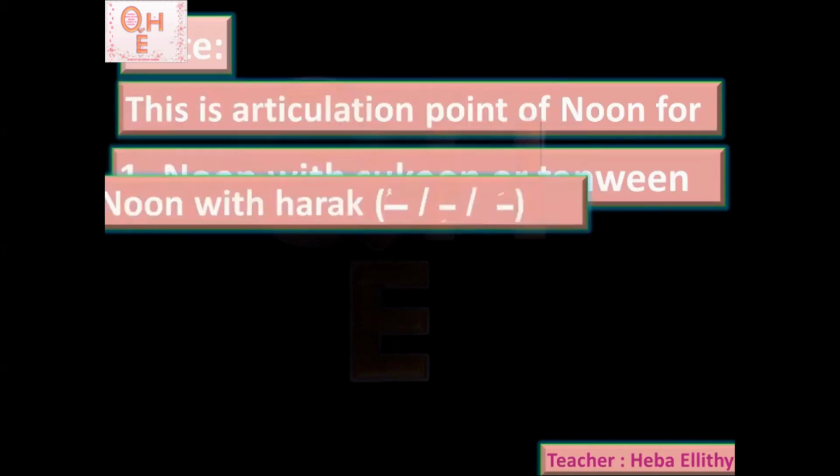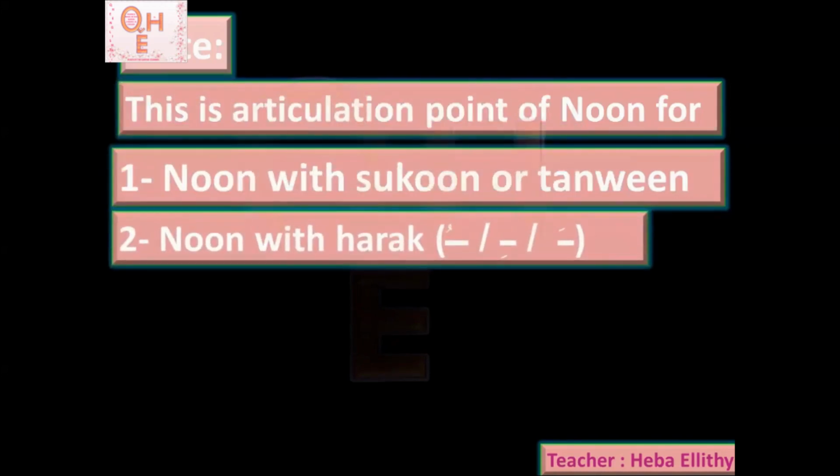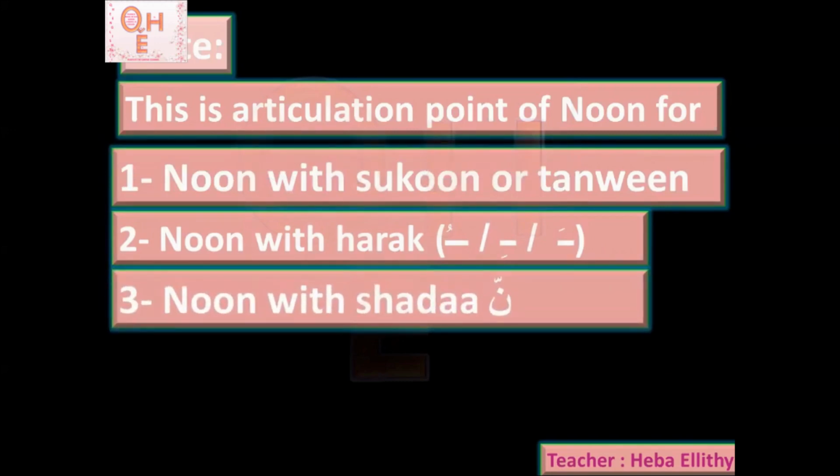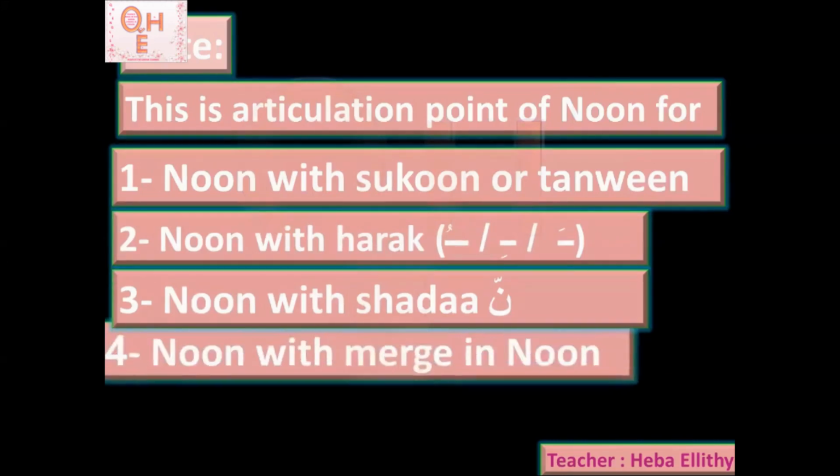When I say anna, when I say nahnu, when I say anni, this is the same articulation point all the time in the noon with haraka. It's the same articulation point with shadda: an, inna.